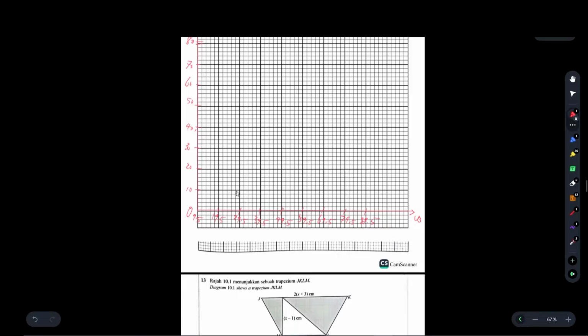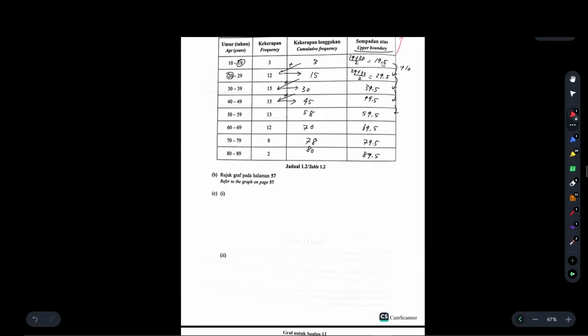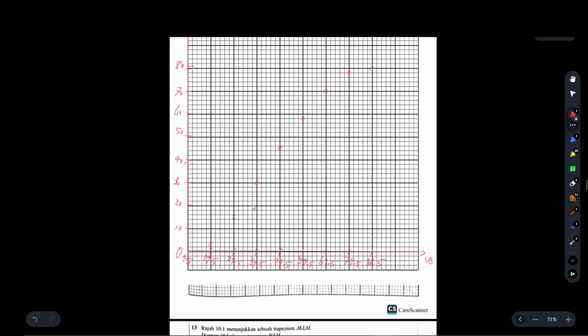Right now we're gonna plot out the points. For 19.5, we have 3, and 29.5, 15. The upper boundary is the X, and cumulative frequency is the Y. So we're just gonna follow this table to plot out the points one by one. After we plot out all the points, we're gonna connect them together.